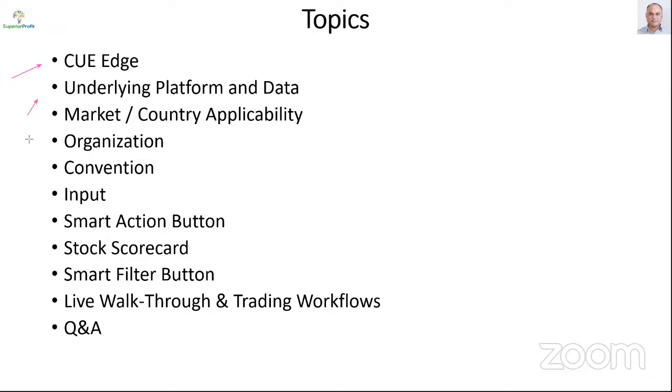Underlying platform data we covered, certainly the USA market, but all major other countries as well, it can be used. Organization, convention makes it easy to use using intuitive colors. Input only country, smart action buttons, create the scorecard, not only stock, but industry scorecard, sector scorecard, smart filter buttons, act on the scorecard, and the workflow, very powerful workflow, top-down workflow.